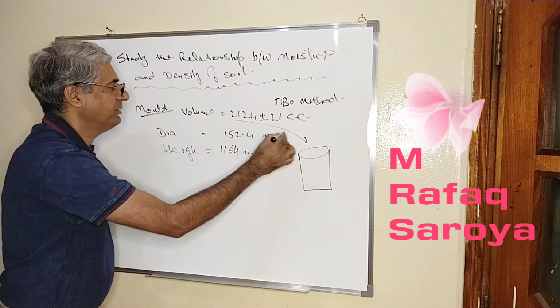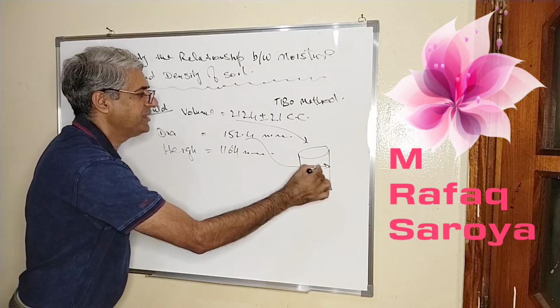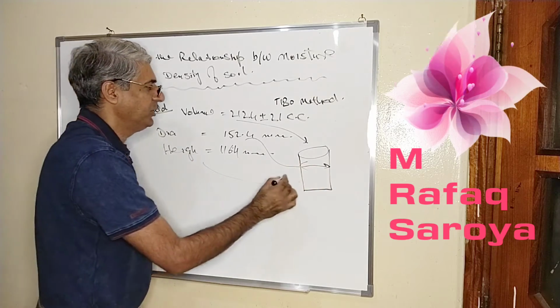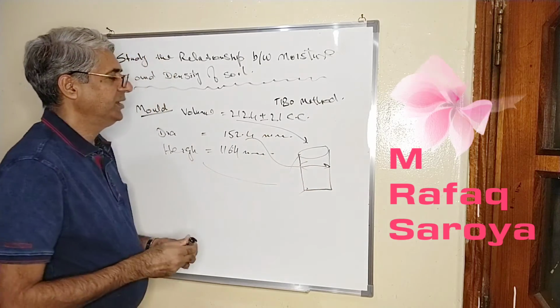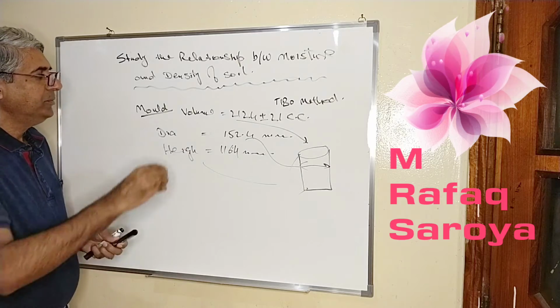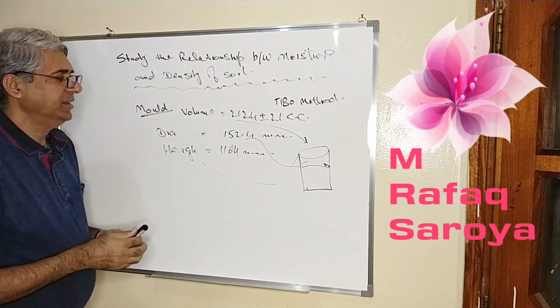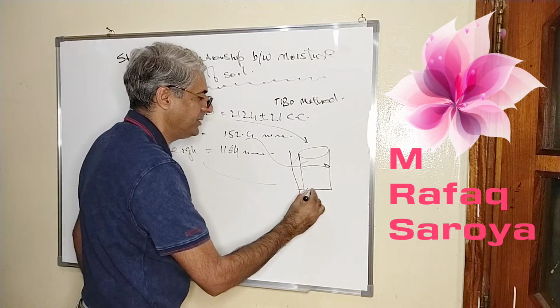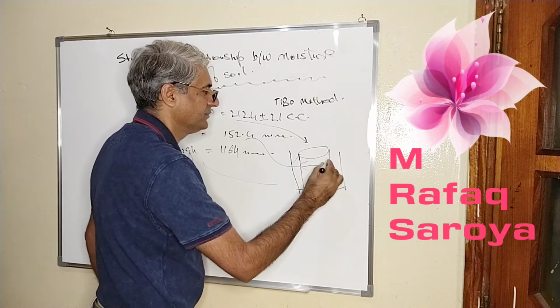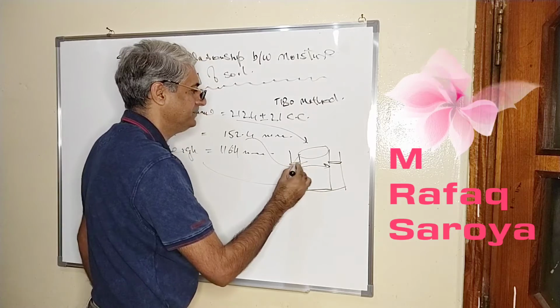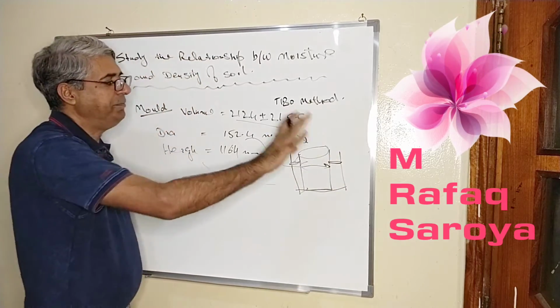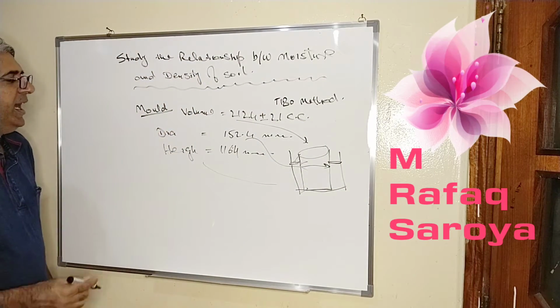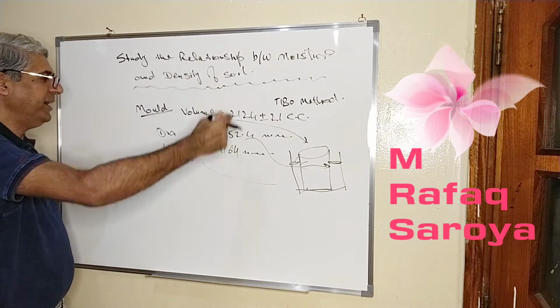This gives us the volume, this gives us the internal diameter, and this gives us the height. After that, we have to compact the soil, and before compaction, we fix the mold on the base plate. This is my base plate. It is fixed, and we are compacting it with a rammer.